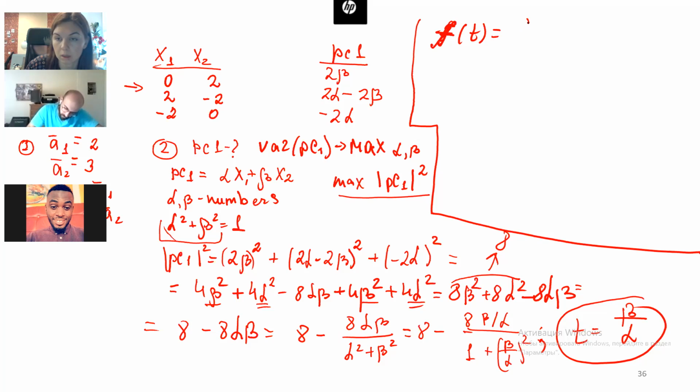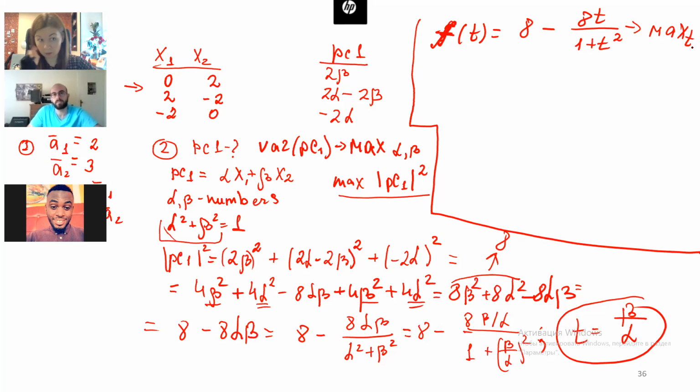Yes, it will be 8 minus 8t divided by 1 plus t squared. So we need to find the maximum of this function, the t which maximizes this function. So let's take the first derivative of this function, and it should be equal to 0.